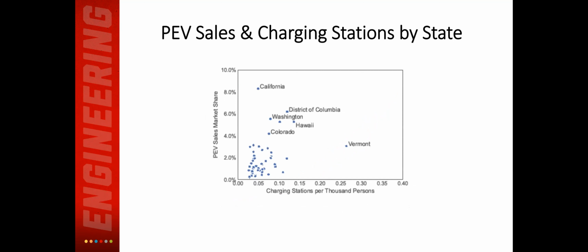Another interesting visual is looking at PEV sales and charging stations by state. This shows that, yes, we get this positive relationship between these two variables, but it's not perfectly linear. There's something else going on here. You see Vermont has a lot of charging stations per capita.